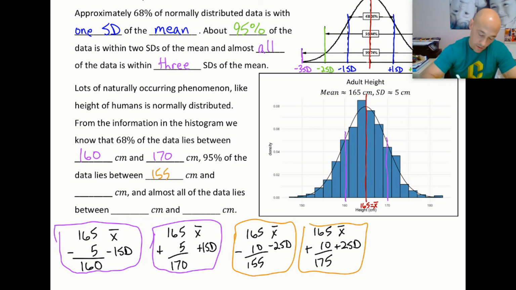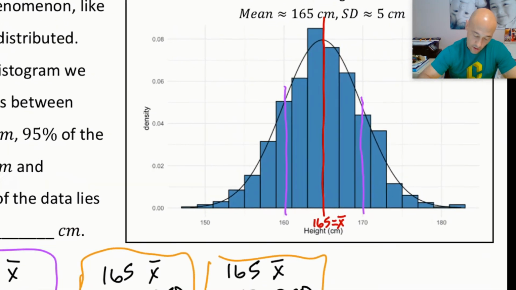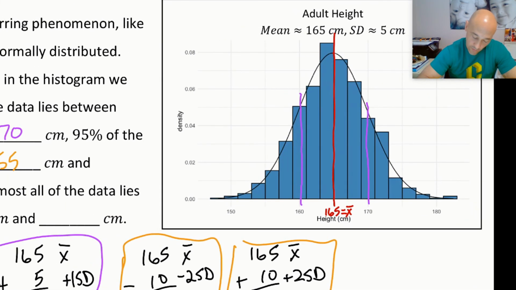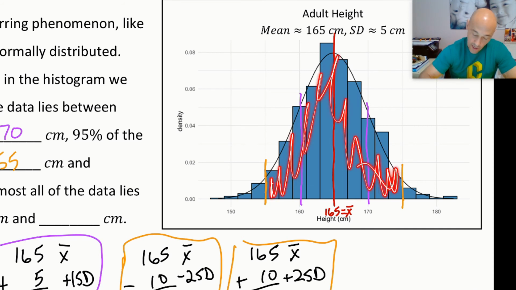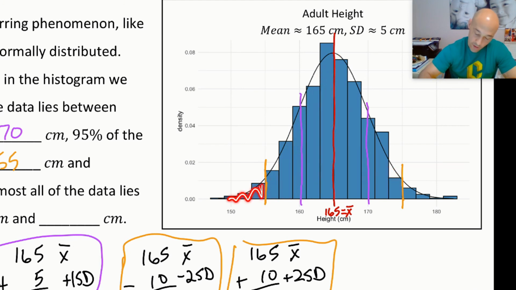So what we can say is, from 155 right there up to 175 right there, that contains 95% of the data. And what that means is that approximately 5% of data is out here.